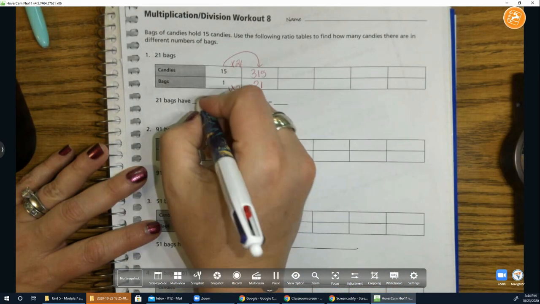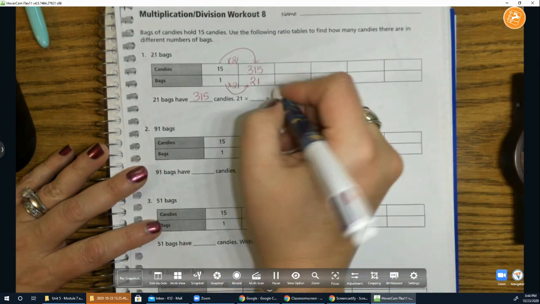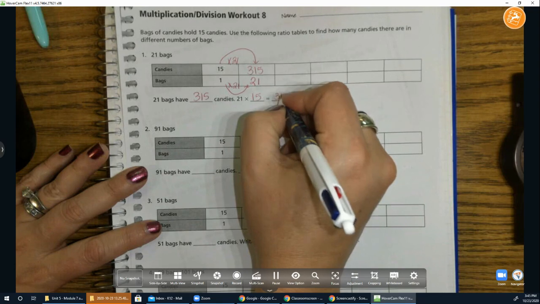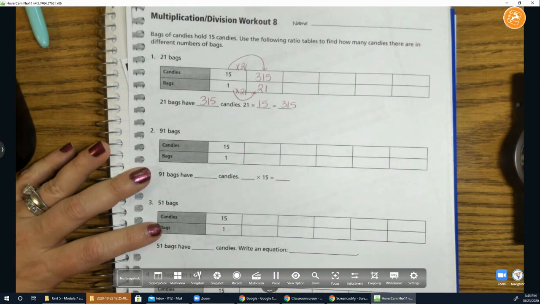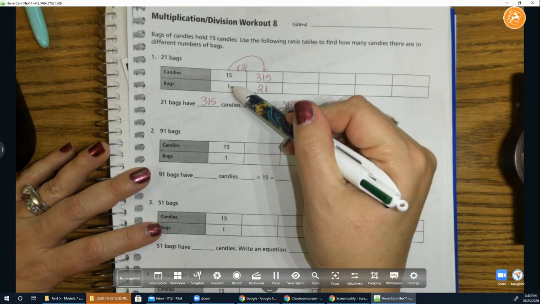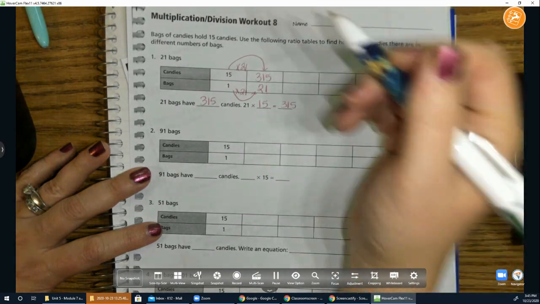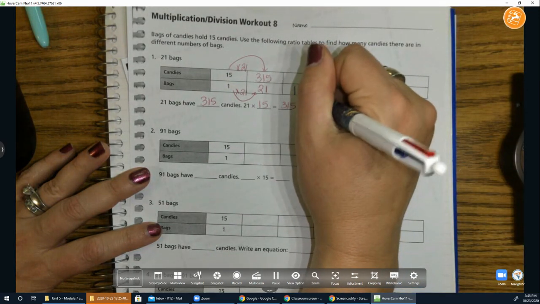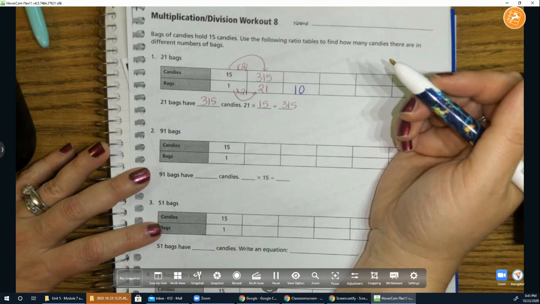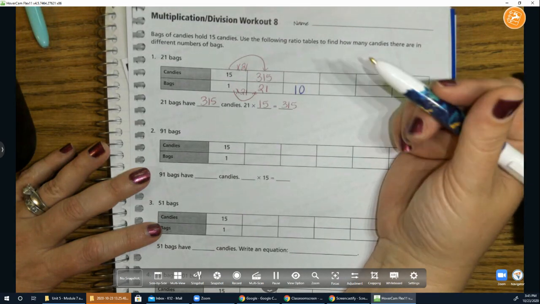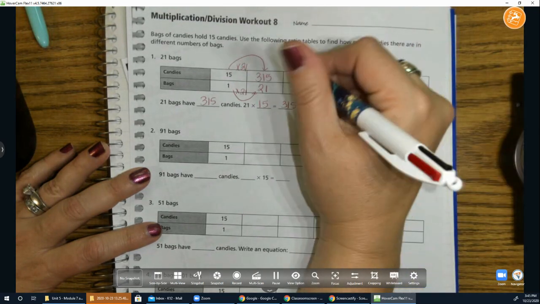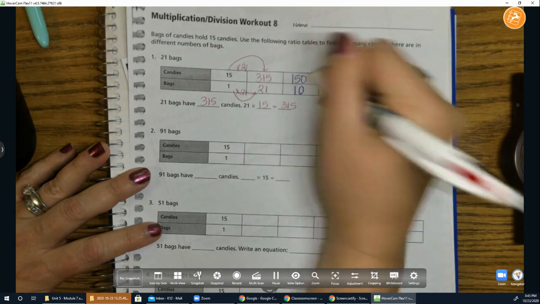However, there is another way I can do this. I know what one bag is, and I have to get to 21. Well, with 10 bags, I can multiply 15 times 10, because that's just adding another 0. So that's 150.